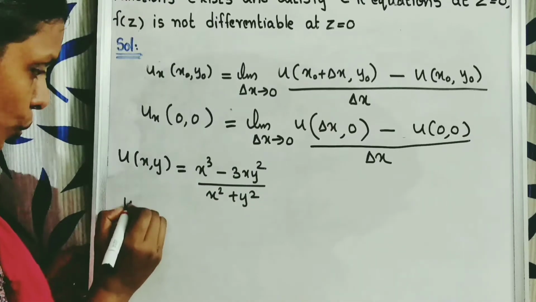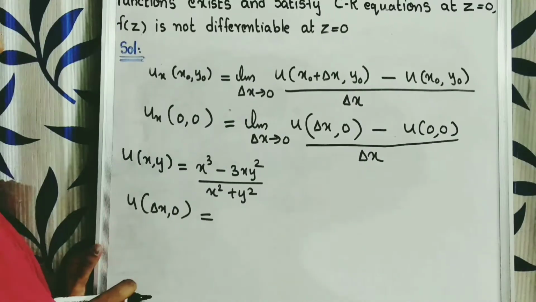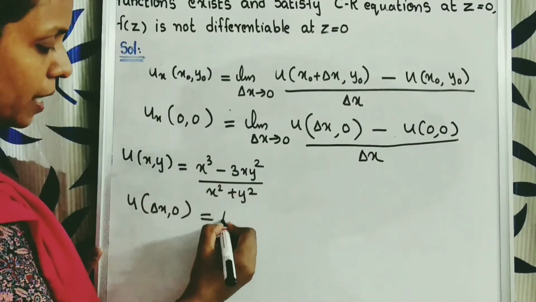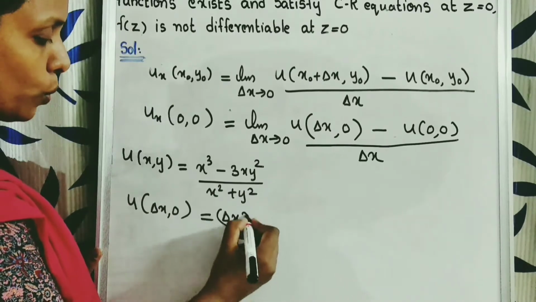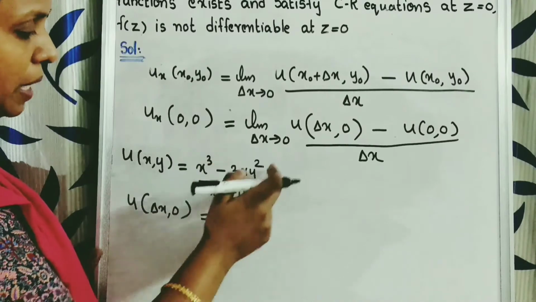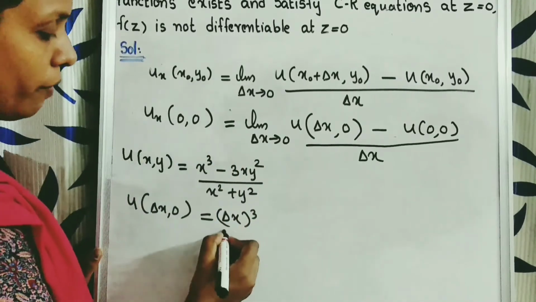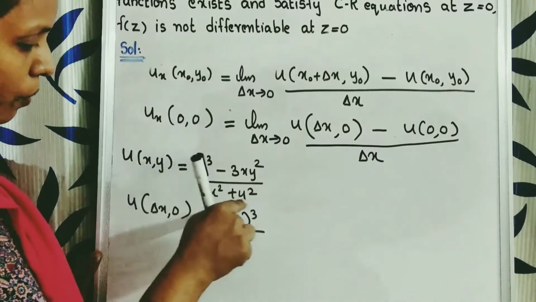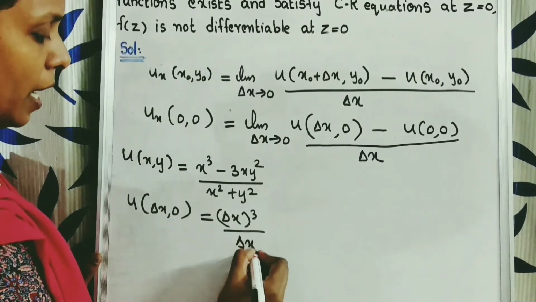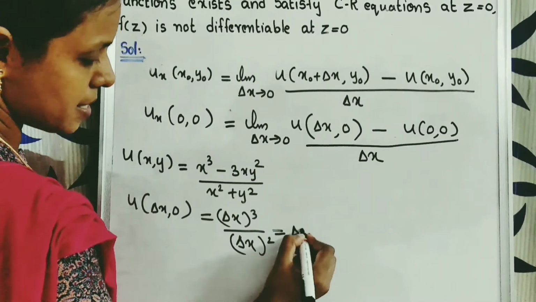First we calculate u of (delta x, 0). Putting the value of x, we get delta x whole cube minus, here y is equal to 0, so this term becomes 0. We get in the numerator delta x whole cube divided by, here y is 0 and x is delta x, delta x whole square. We get delta x.